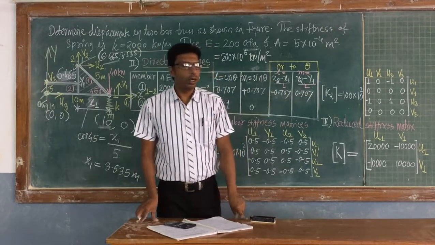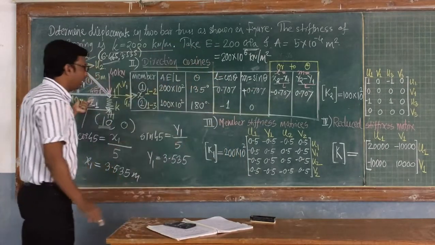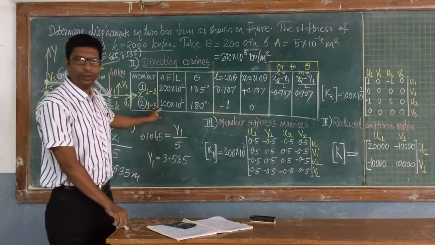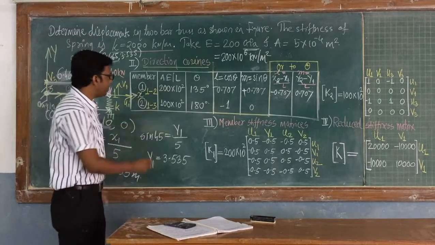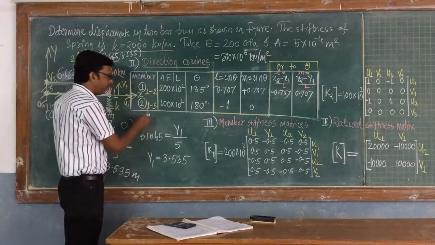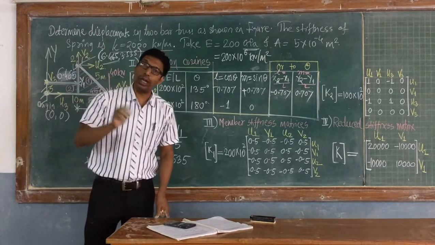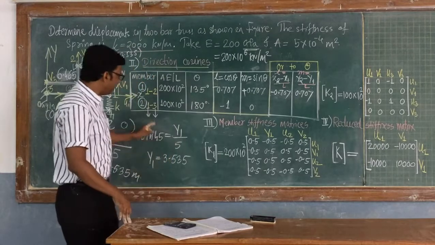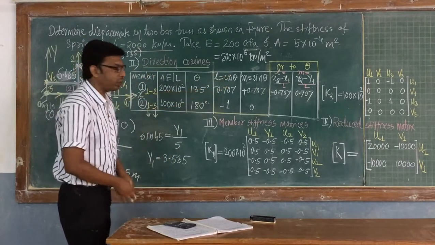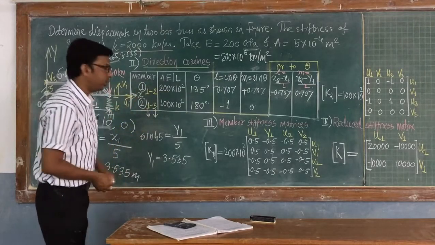Now in the second member, the horizontal member, we have written 1, 3. It means coordinates of joint number 1 are x1, y1 and coordinates of joint 3 are x2, y2. So x2 minus x1 and y2 minus y1 means coordinates of 3 minus coordinates of 1.